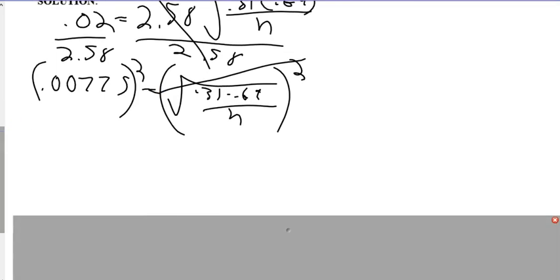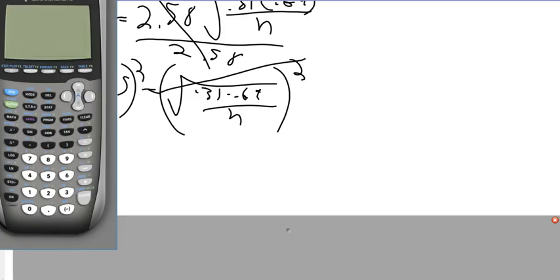Now, I need you to see what happens on your calculator when you're doing this ever in class. If I do 0.0775 squared, look what I get. The E does not mean error. We talk about this all the time in Algebra 2. The E is not error. That's the calculator's way of saying scientific notation. That's the calculator's way of saying times 10 to the negative fifth.